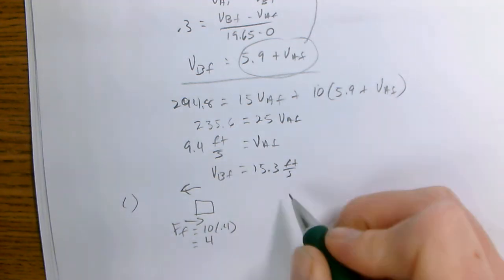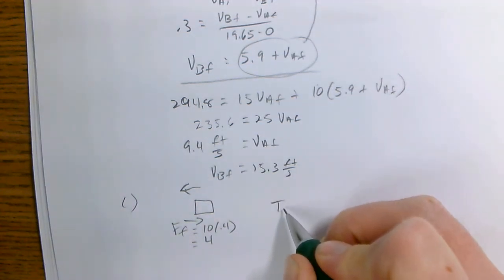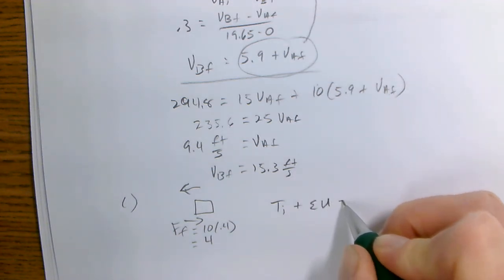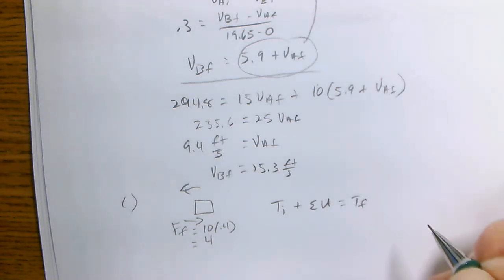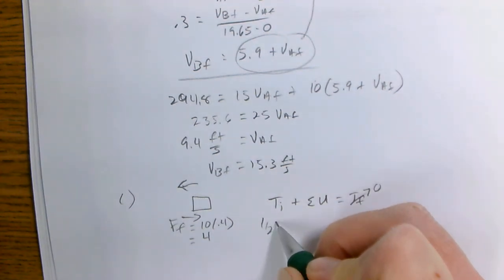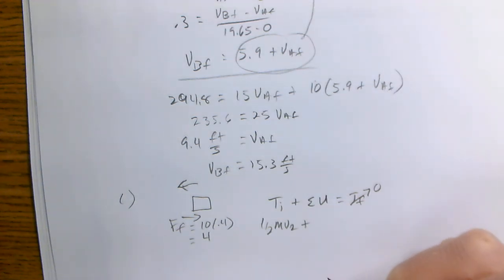And so if we use conservation of energy then, T initial plus the sum of the work is equal to T final. Now T final is 0. T initial is 1/2 mv squared, and the work is the force due to friction times the distance.